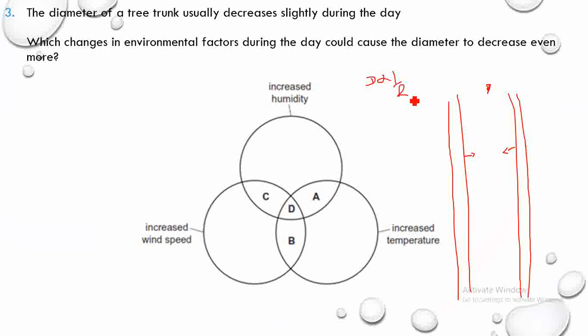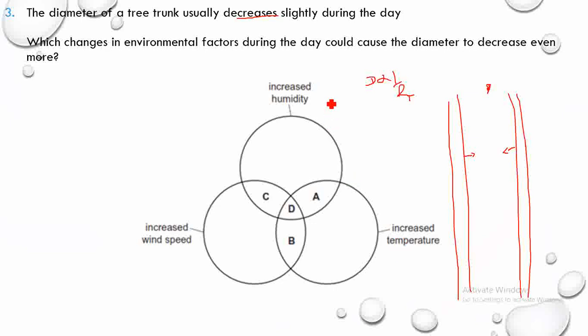That means the higher the rate of transpiration, the smaller the diameter. The smaller the rate of transpiration, the wider the diameter. So if we're having a decrease in the trunk, that means transpiration pull is high. So the question is, which of these factors increases the rate of transpiration?